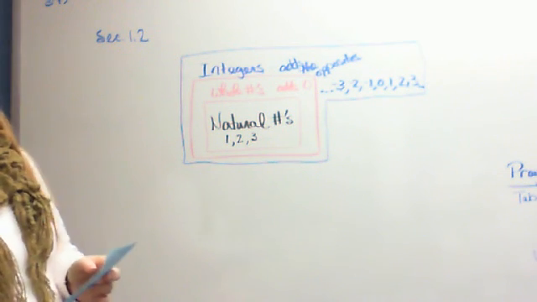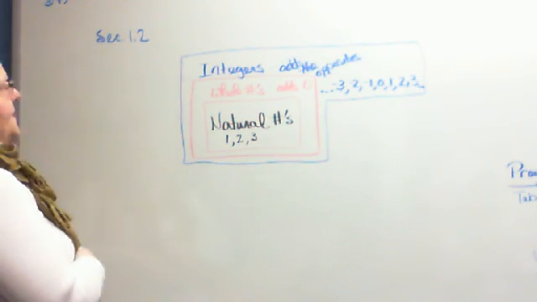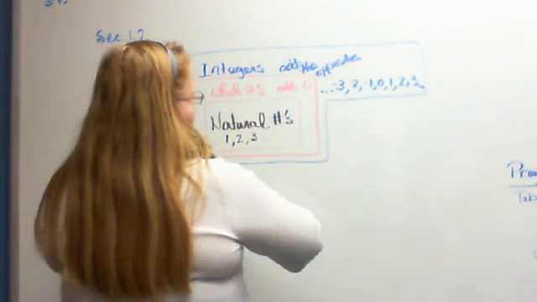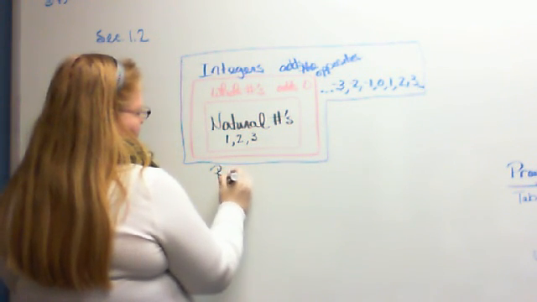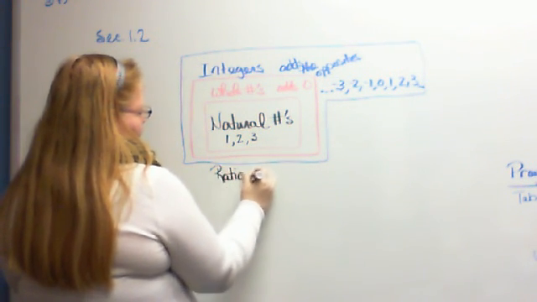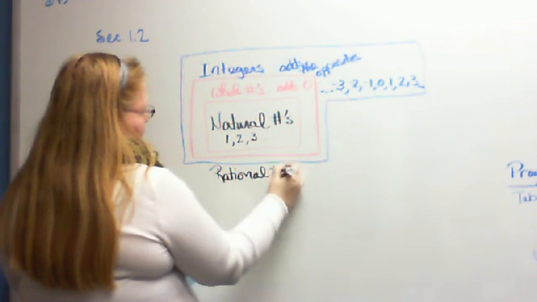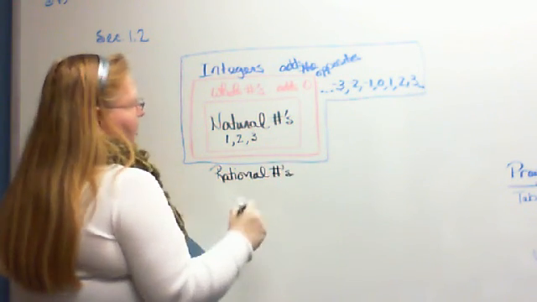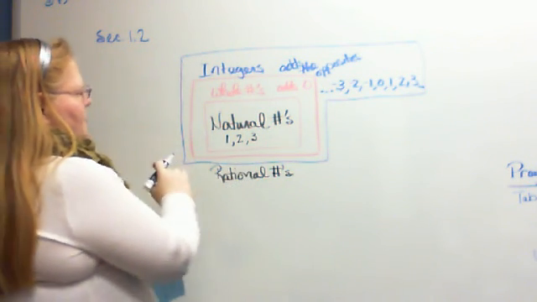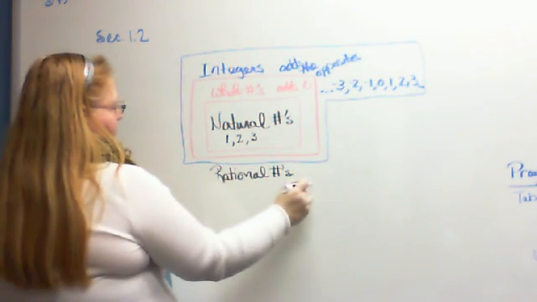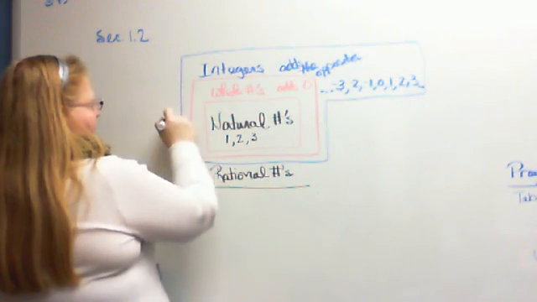Then there's even more. We have something called rational numbers. Rational numbers are all the integers, all the whole numbers, all the natural numbers, all the numbers 1, 2, and 3.